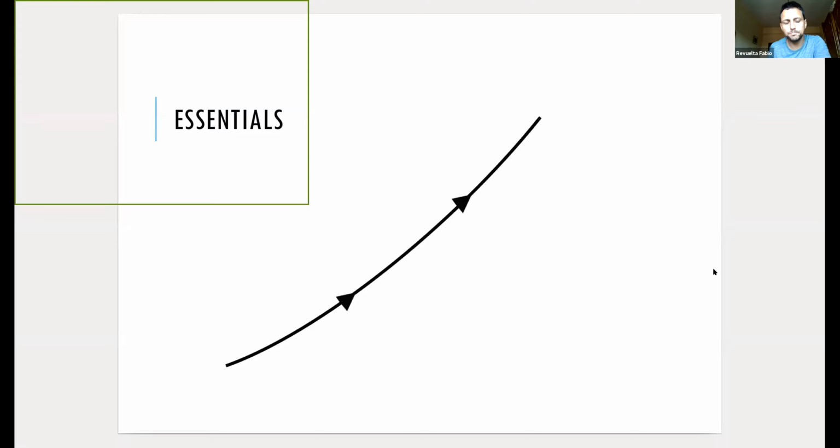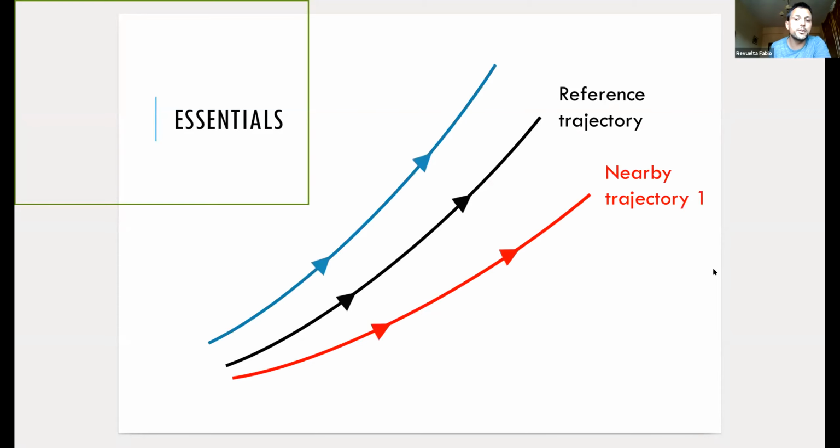You want to study some reference trajectory. You want to see whether it is stable or unstable. If it is unstable, how much is it, and so on. And typically you just take one or two neighboring trajectories and you study what's going on around it. You can do it this way, or you might linearize the motion, but the idea is the same.